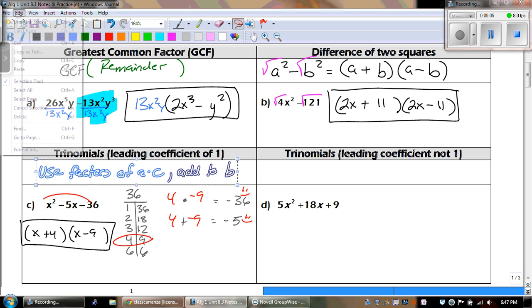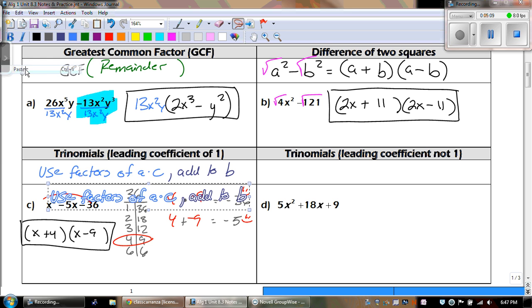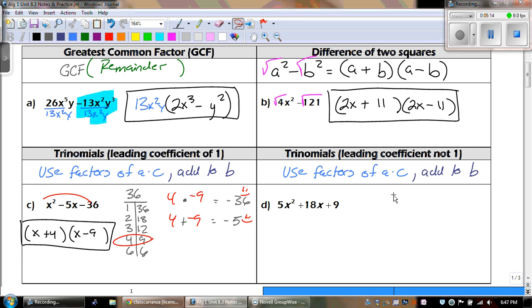Okay, let's look at the next one. Now, problems like the next one, guess what we do? The exact same thing. Always check to see if there's a GCF. And in this case, there isn't. But then we need to do a times c. 5 times 9 is 45.